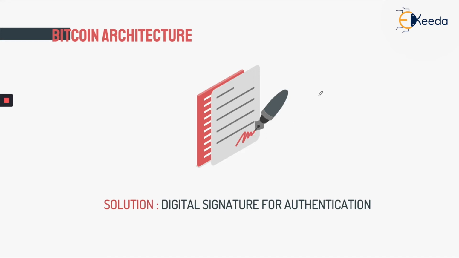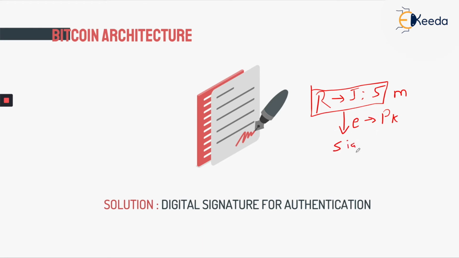Whenever I want to do a "Raghu sent John $5" transaction, if I am the sender, I will create this transaction. This entire thing will become a message. I will encrypt it using my private key, and once I do that, I'll get a signature. I'll send both the message and the signature together to the network.